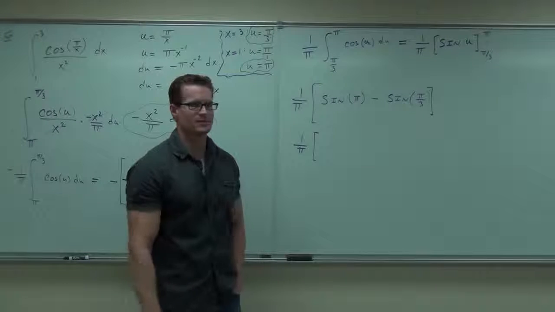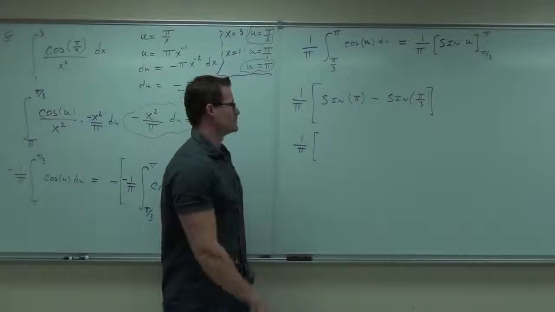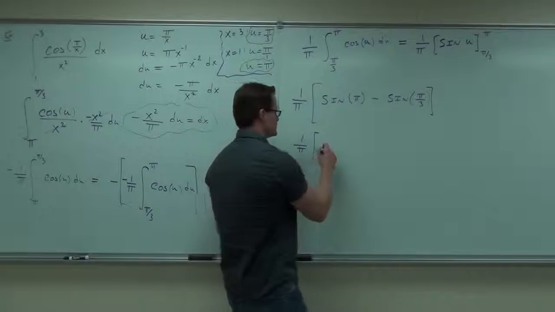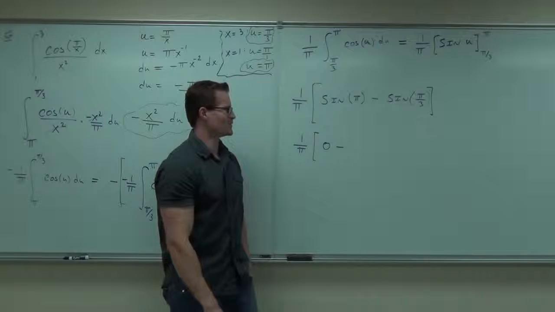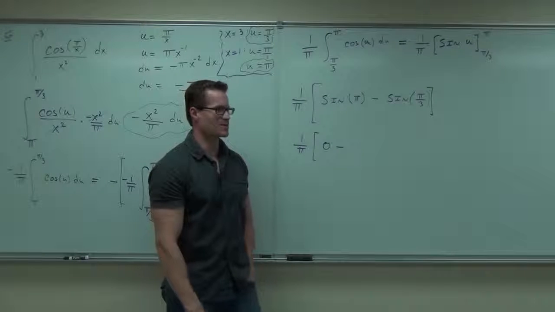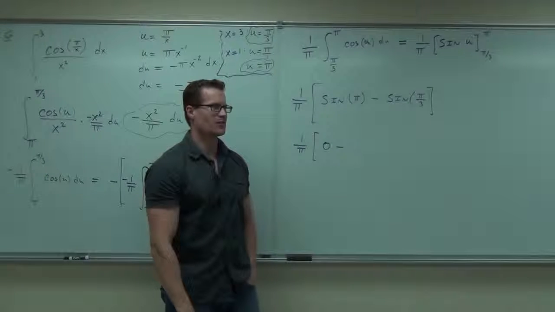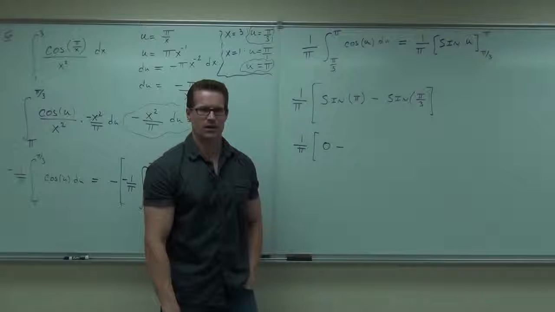Sine pi. 0. Okay. Had to be stumped for a second, I don't know why. Oh yeah, had it in my head as something different. Sine of pi over 3, how much is that? Square root of 3 over 2. Good.